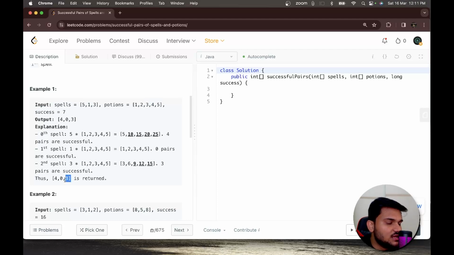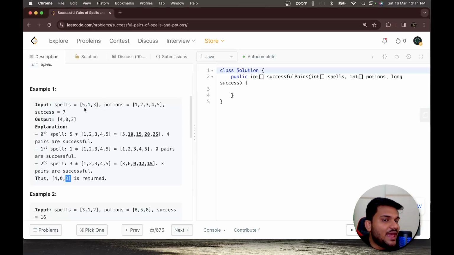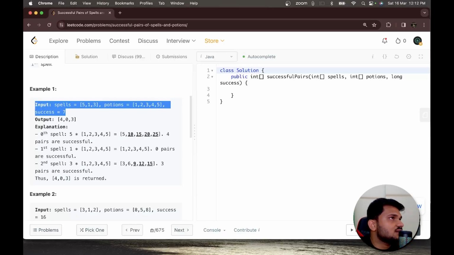So you can see 3 is the answer here. So this is what you are expected to do. You need to figure out for each spell how many potions are there such that the overall pair product is greater than or equal to the success value.